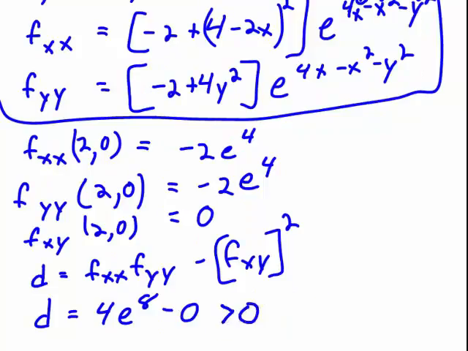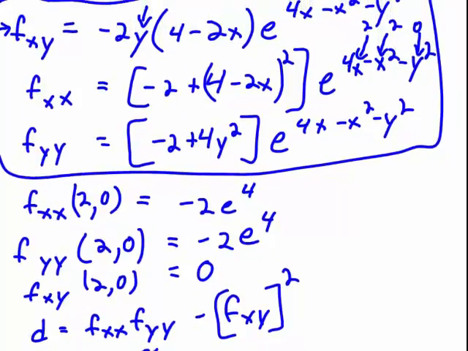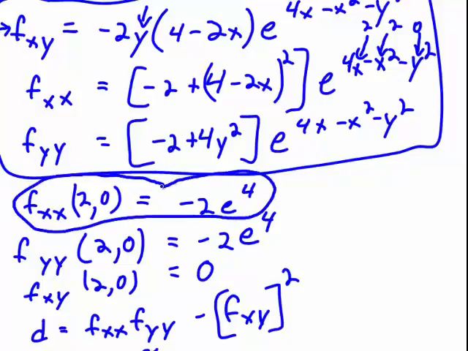So we're in business. What I'm going to do next is evaluate the critical point in the second partial. I've already done it actually, and if you look right up here, I have that f sub xx evaluated at (2, 0) is less than 0.